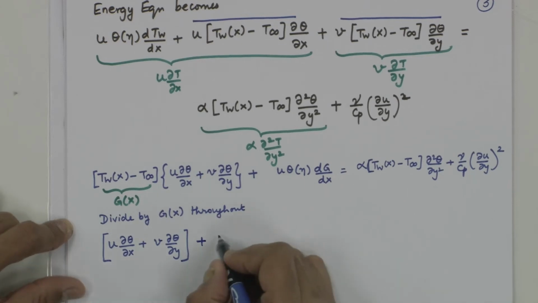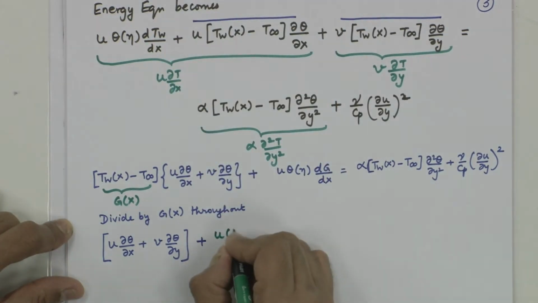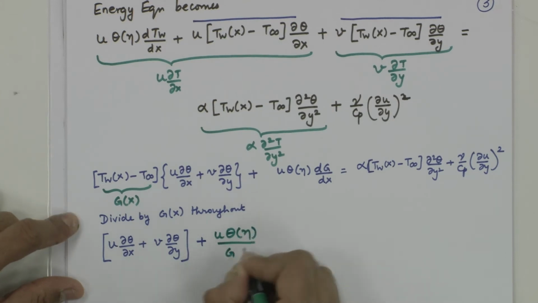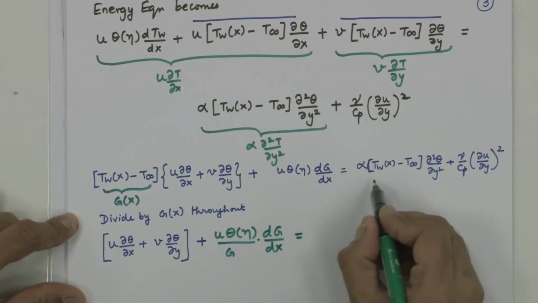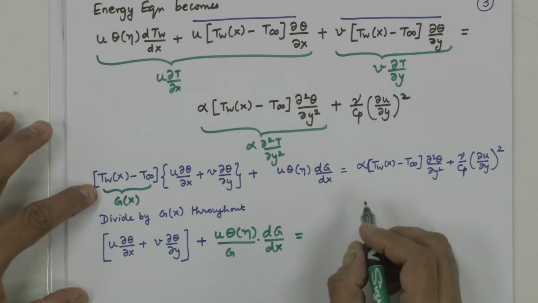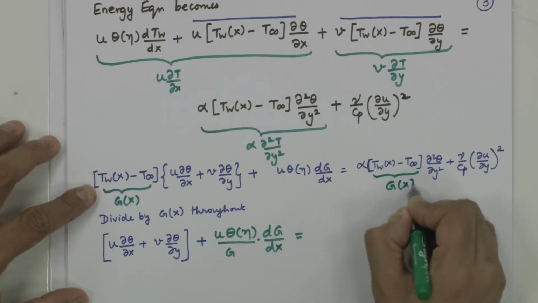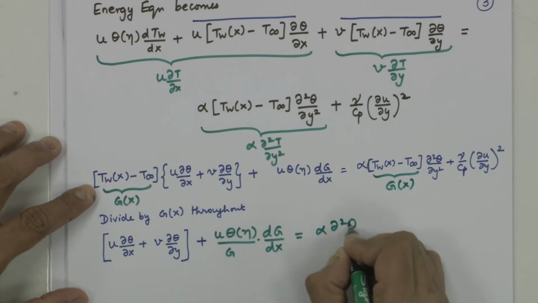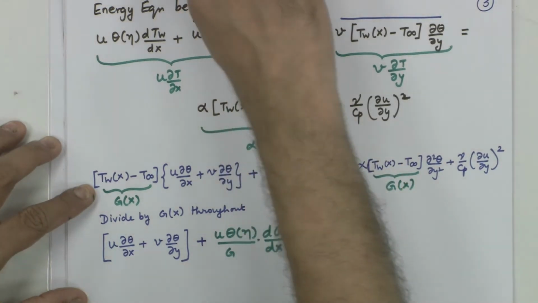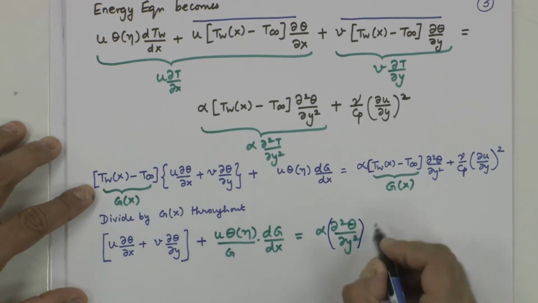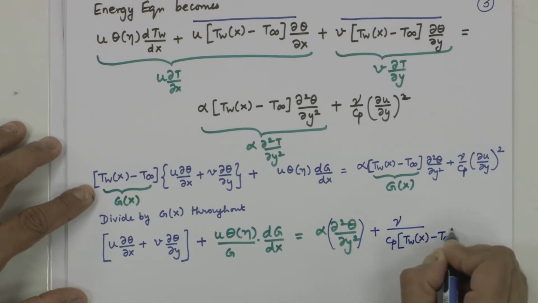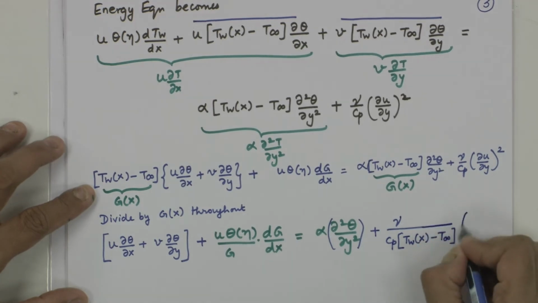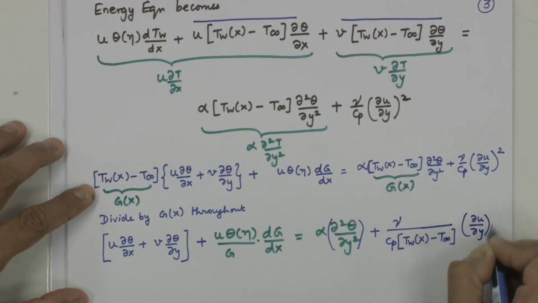So that is going to be given by u theta of eta divided by g, dg/dx, is equal to, Tw minus T infinity will get cancelled. This is also g of x, so this is going to get cancelled. Alpha d squared theta/dy squared. This part also remained as it is as before. Plus nu over Cp (Tw of x minus T infinity). I will write it like this because it is going to help me to define something later on.